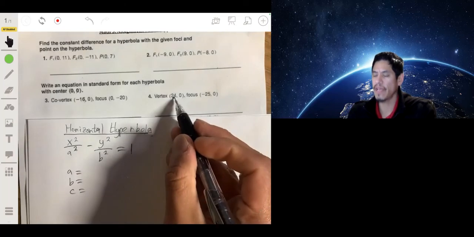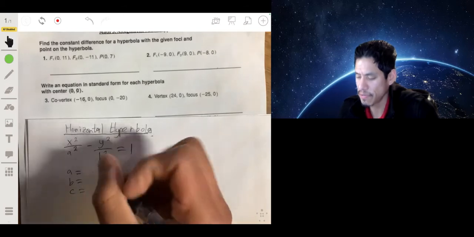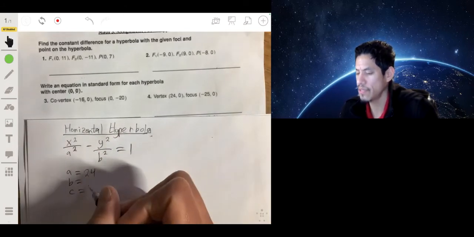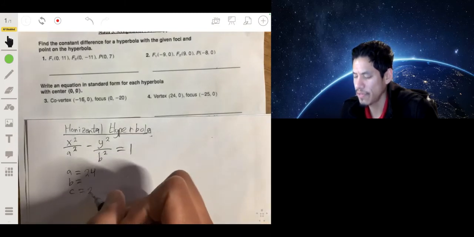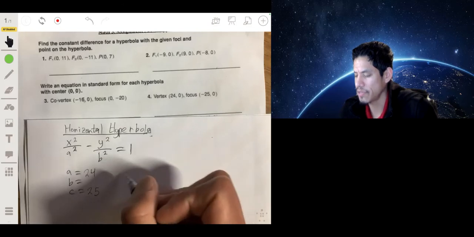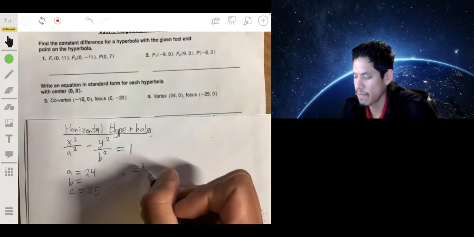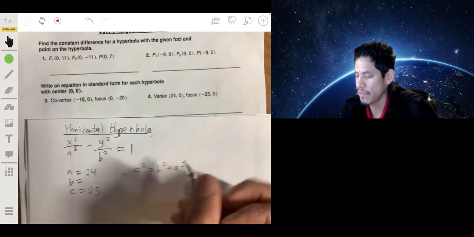The vertex, remember, is a units away from the center, and this is simple since the center is at 0, 0, so a is 24. The b will correspond to the covertices. The c is at the foci, so c will be 25. And again, we can use the equation c squared equals b squared plus a squared to find what b will be.